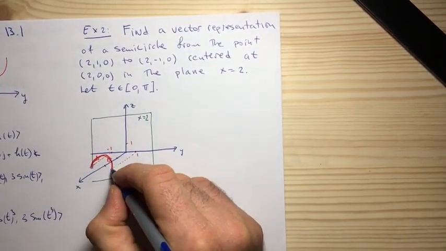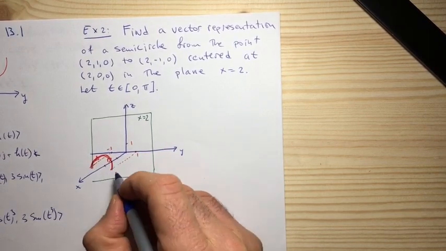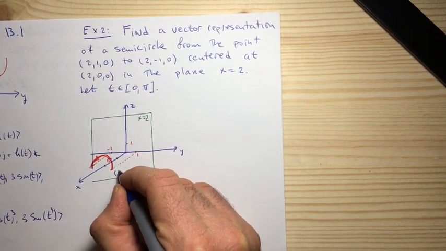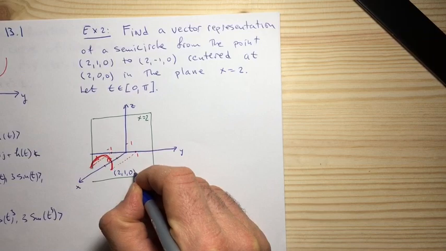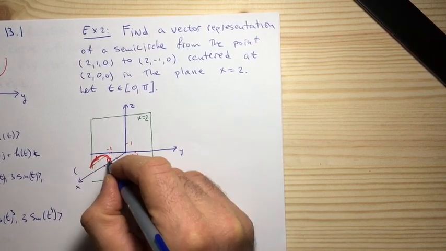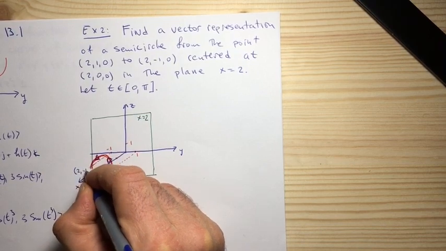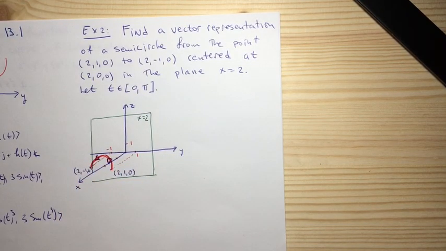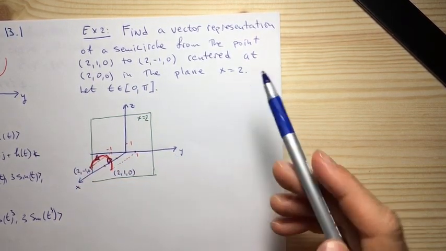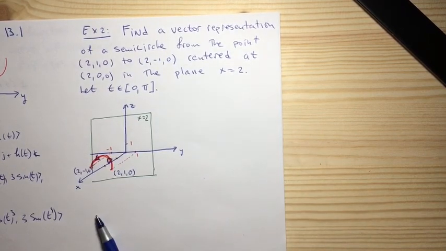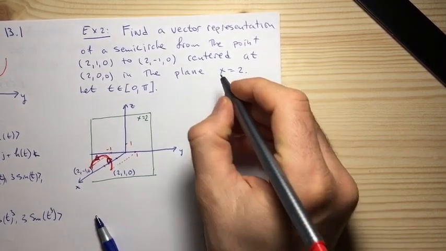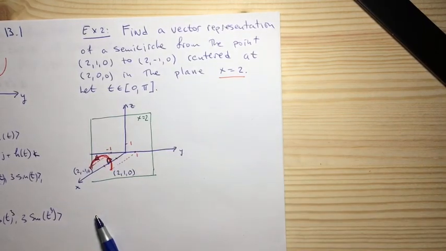So it's a semicircle that goes from the point 2, 1, 0 all the way, so this is the direction, to the point 2, negative 1, 0. First of all, let us address the fact that the curve lies in the plane x is equal to 2.